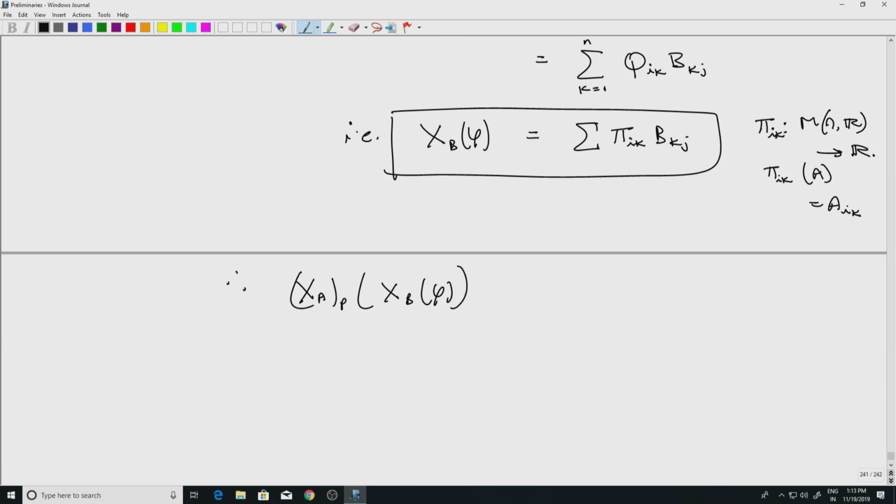And so this will be, again, whatever I have here, so it's X_a at p. So essentially I just plug in whatever this expression is and take X_a inside the summation sign.